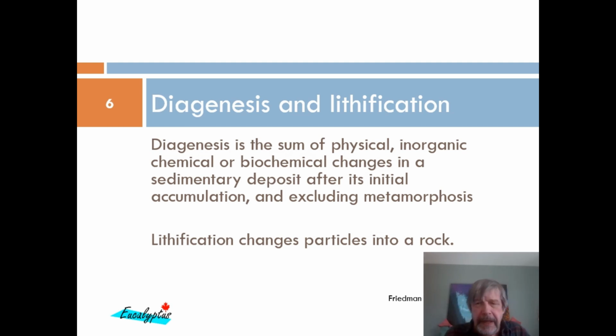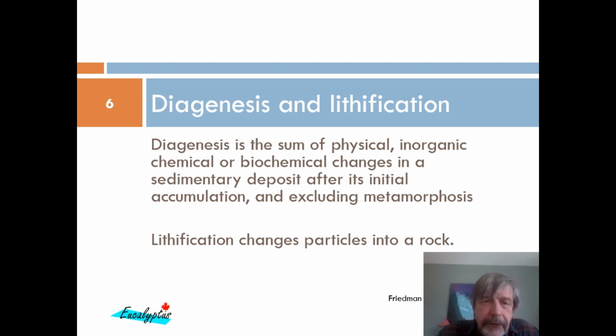We have to talk about diagenesis and lithification. Diagenesis is a sum of physical, inorganic, chemical, or biochemical changes in a sedimentary deposit after its initial accumulation, and it excludes metamorphism, right? Remember, metamorphism is at temperatures above 200 degrees, and below 200 degrees, those chemical and biochemical changes, etc., are called diagenesis.